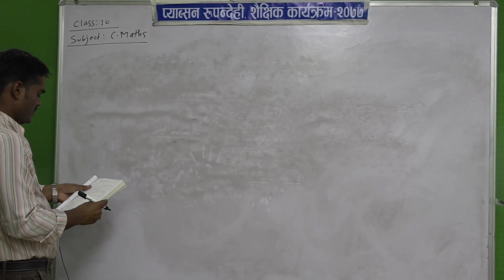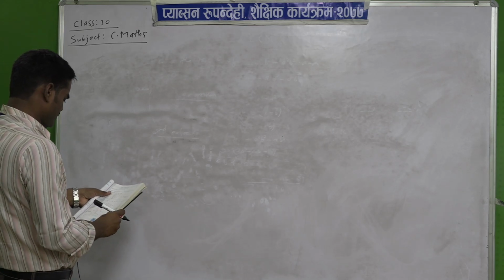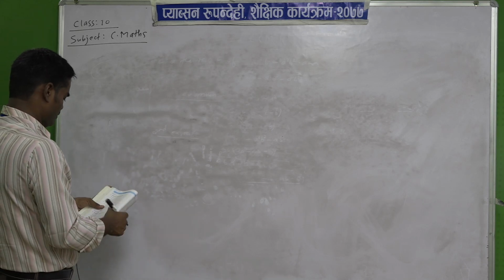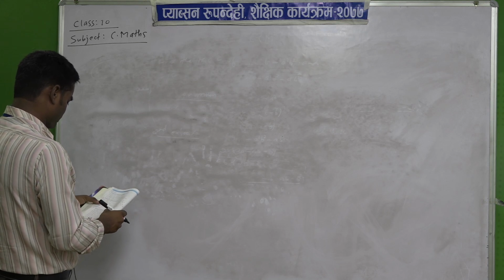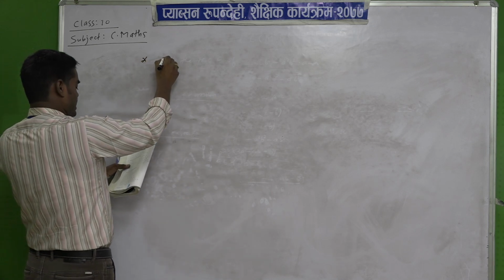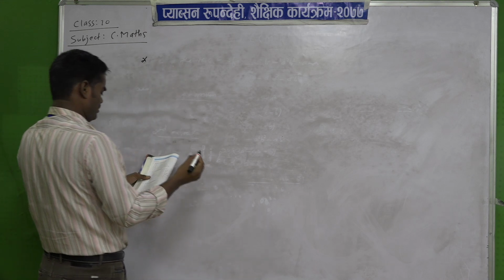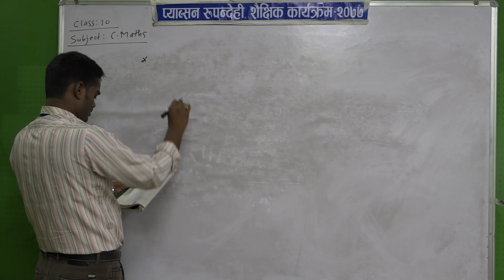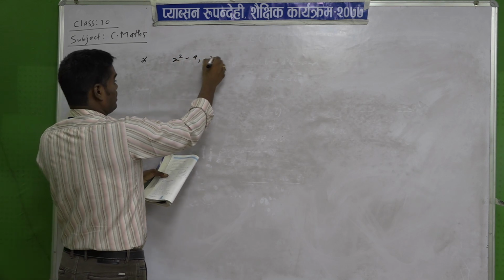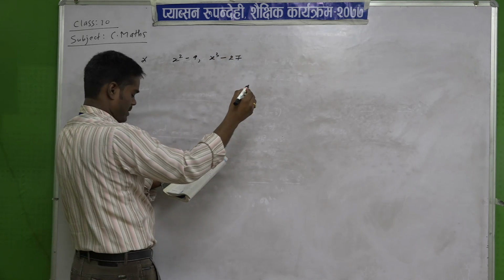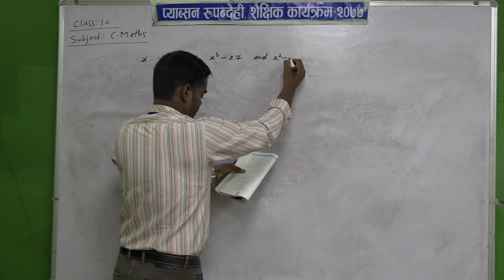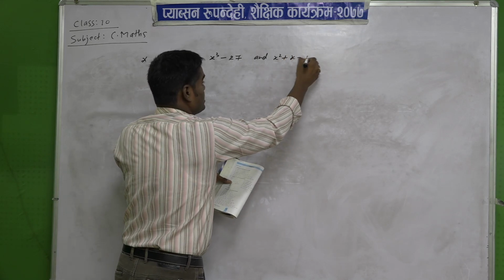See there. So, likewise, the question is given here: x square minus 9, x cube minus 27, and x square plus x minus 12.